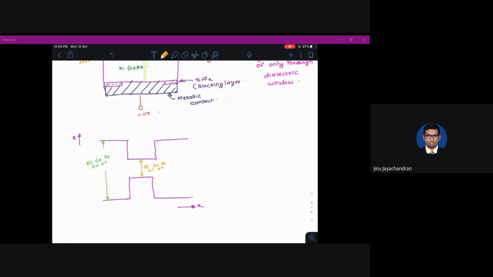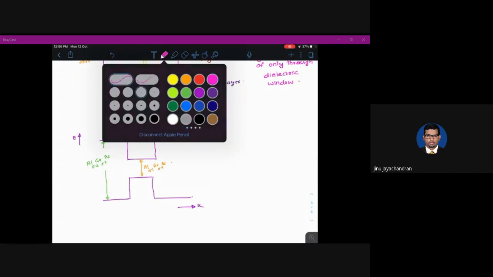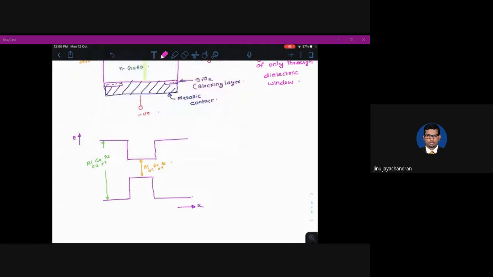Okay. Now when you inject current, then the electrons will come into this well. So there will be a huge amount of electrons which will be confined inside the well because it needs a higher potential to come out of the well.